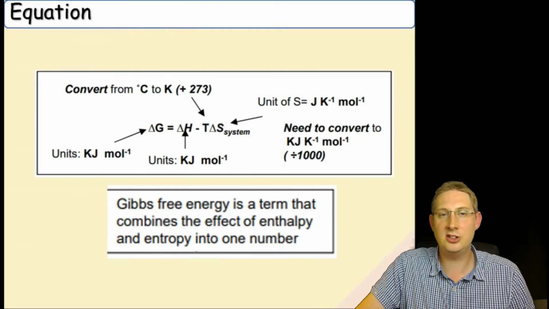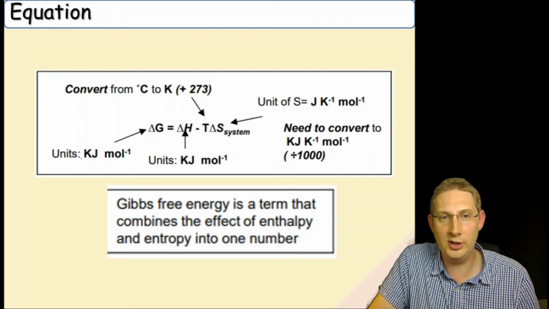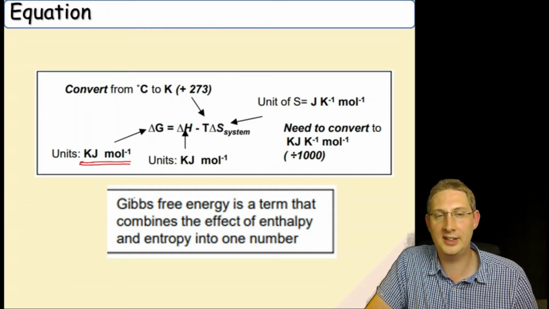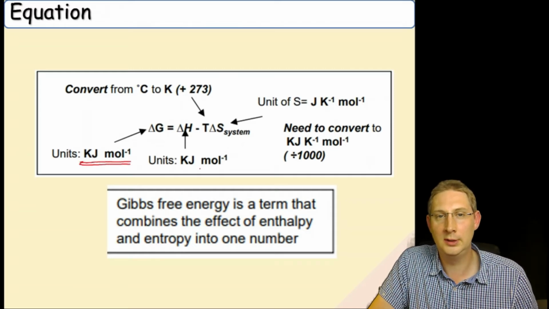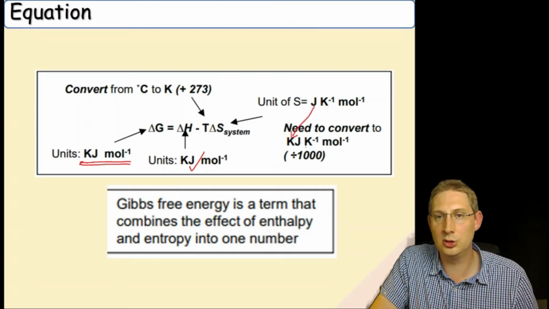So here's the equation. Delta G is deltaH minus T deltaS. Now annoyingly, free energy is almost always given in kilojoules per mole. That means the units for deltaH are fine, but our units for entropy are not. So we need to convert entropy from joules to kilojoules by dividing by 1,000.